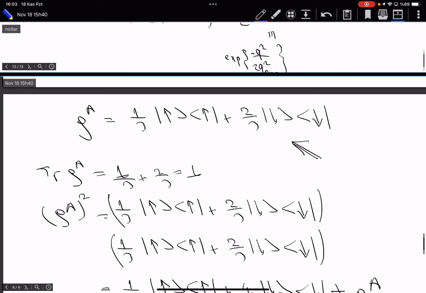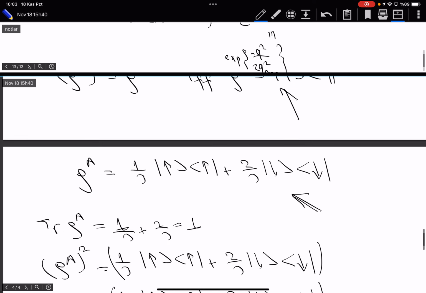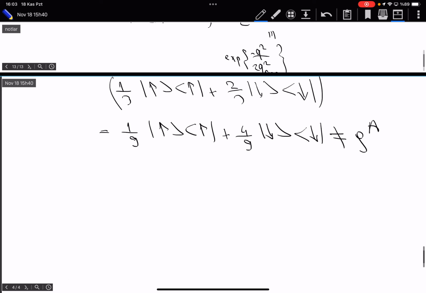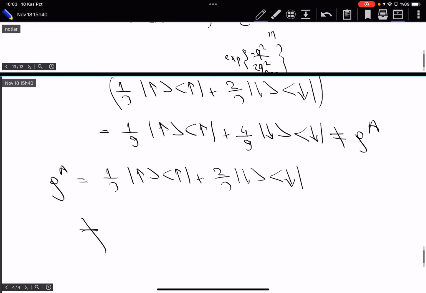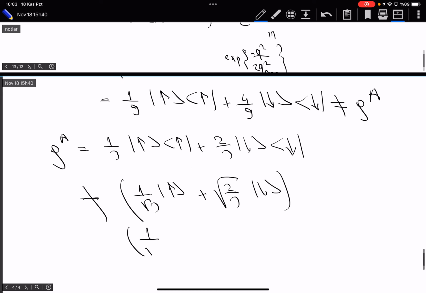Note that rho_A is not equal to 1 over square root of 3 spin up plus square root of 2 over 3 spin down, times 1 over square root of 3 spin up bra plus square root of 2 over 3 spin down bra.